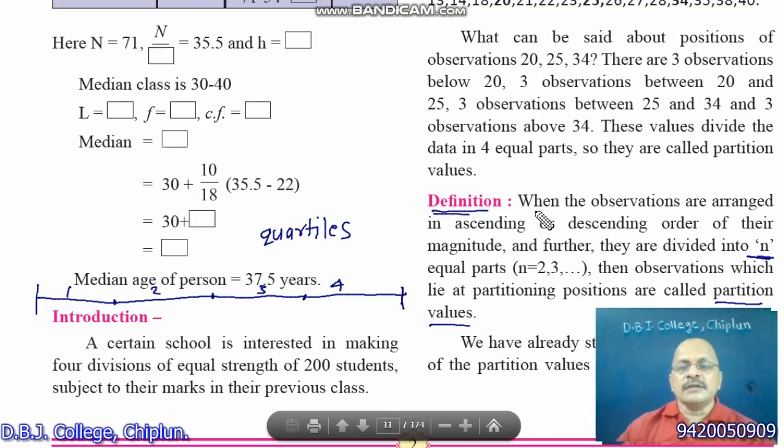When the observations are arranged in ascending or descending order of their magnitude, and further divided into n equal parts, n equal to 2 or 3 up to anything, then the observations which lie at the partitioning points are called partition values.